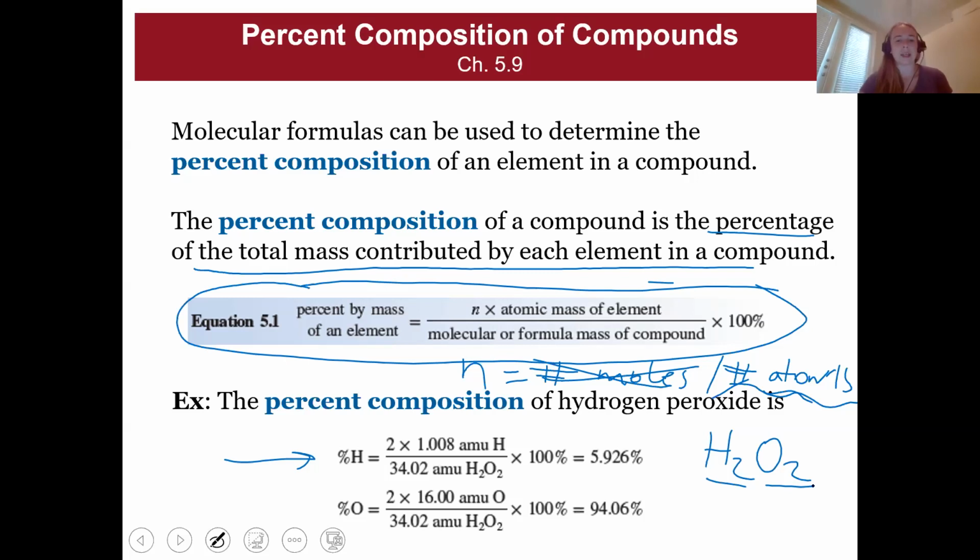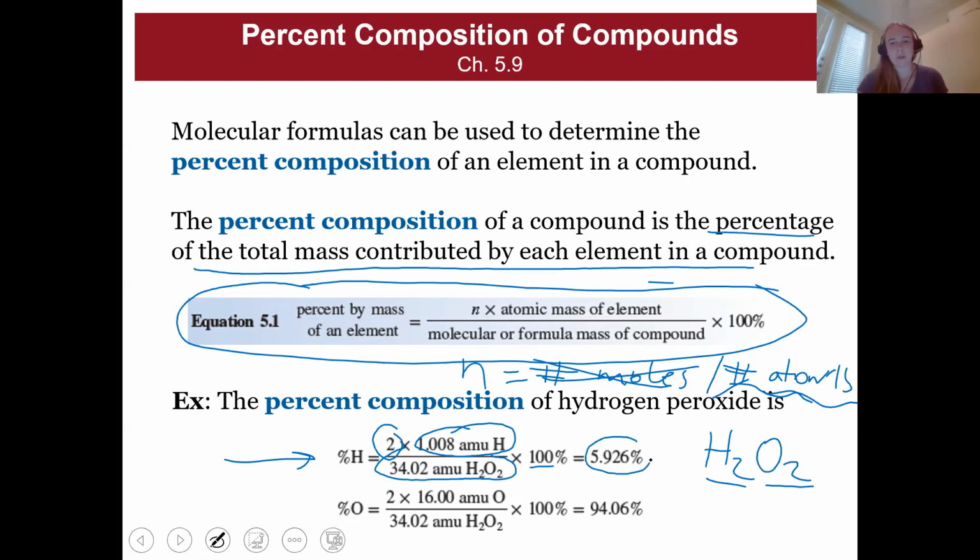So we take those 2 hydrogen atoms, multiply it by the atomic mass of hydrogen, and divide by the molecular mass of hydrogen peroxide. So 2 times 1.008 AMUs for 1 hydrogen atom, divided by 34.02 AMUs for the hydrogen peroxide molecule. Okay, and then we multiply by 100 to get a percentage.